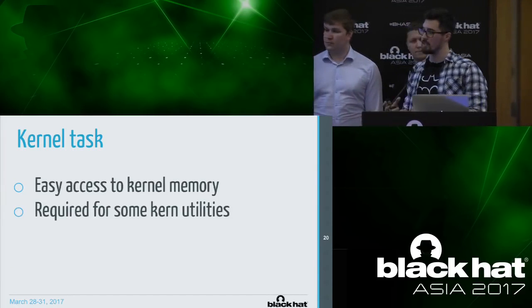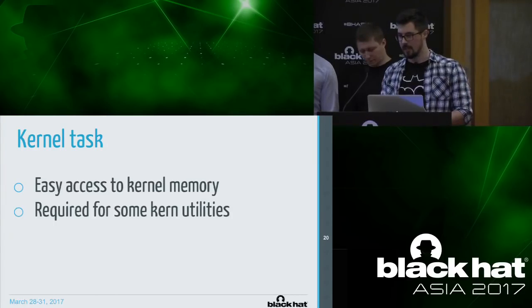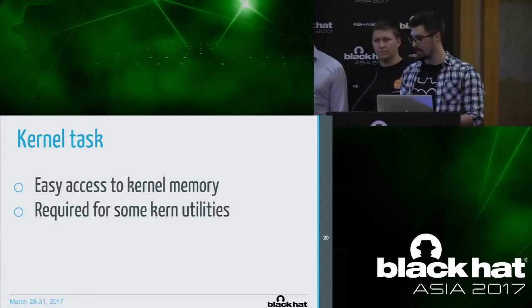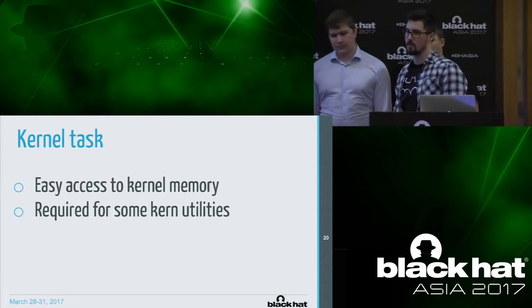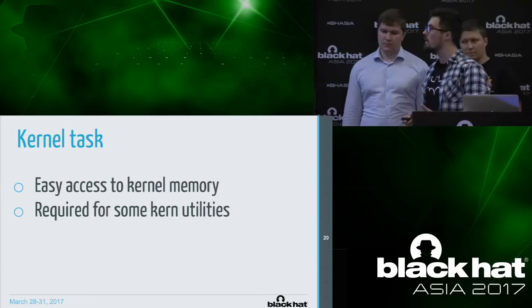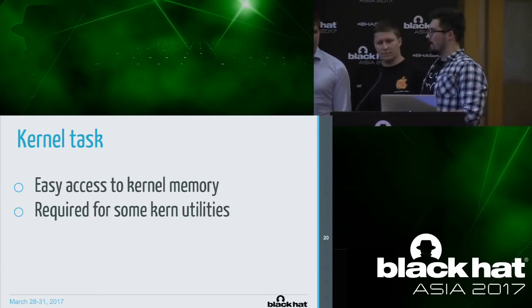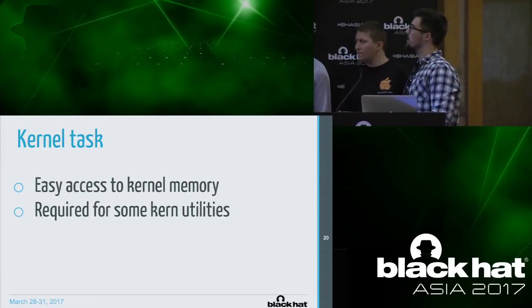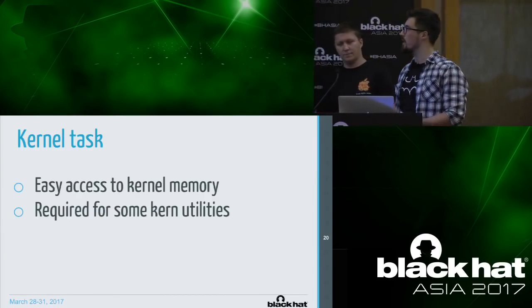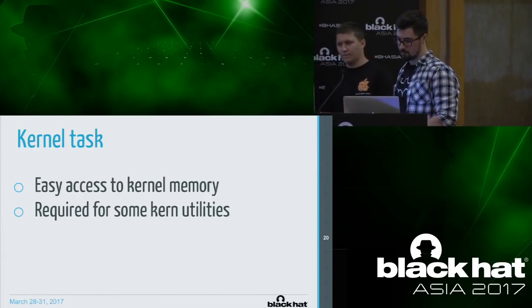We can control the threads and so on. So in the case of the kernel, if we get the kernel task port, we can control the kernel memory. It's a readable, writable primitive. We can allocate memory in the kernel, and so on. There are a lot of utils that require the kernel task port to be exported. Most of these utils are for working with the kernel.